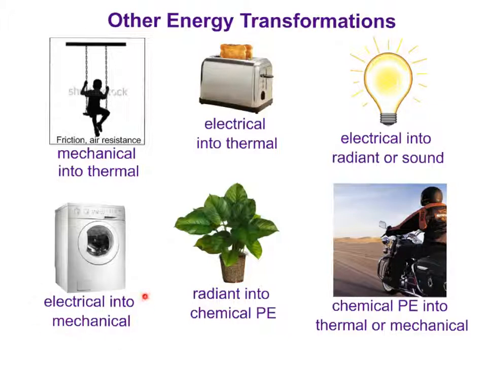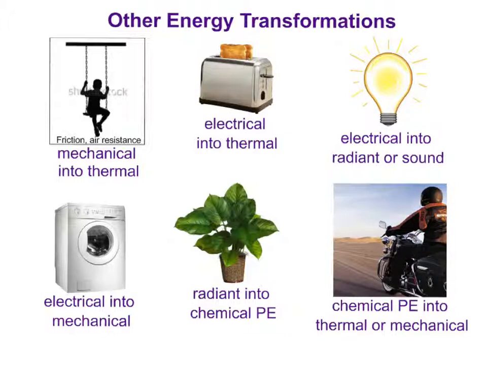We have this transformation, electrical energy into mechanical energy. The electric motor in the washing machine does this for us, and we get mechanical energy with the motion of objects in the drum of that washing machine. How about radiant energy being transformed into chemical potential energy?